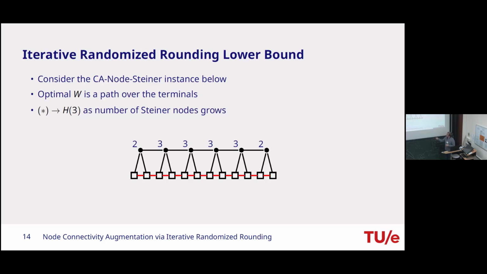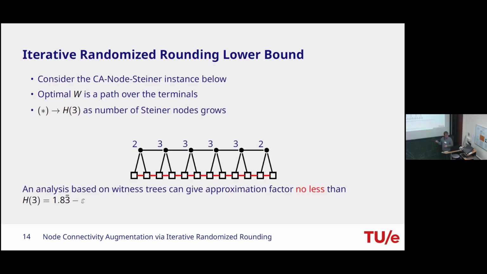So then the W value of everything is 3, except for the two endpoints, but we can ignore those for a large number of Steiner nodes. And basically this means that no matter what witness tree we pick, we couldn't give a better than H3 minus some tiny epsilon approximation for this. So we find that there's a lower bound to the efficacy of this technique.